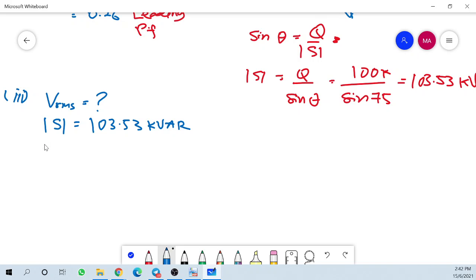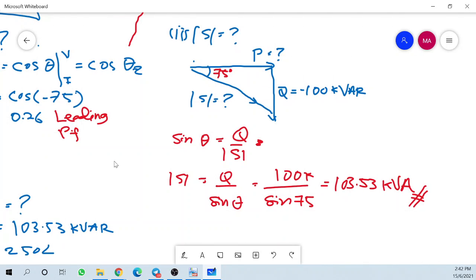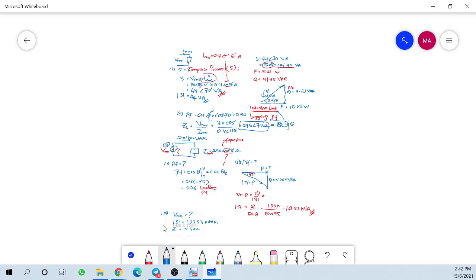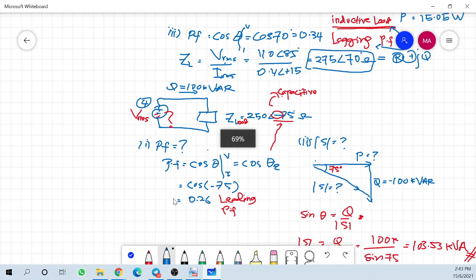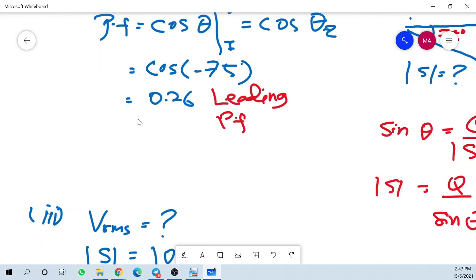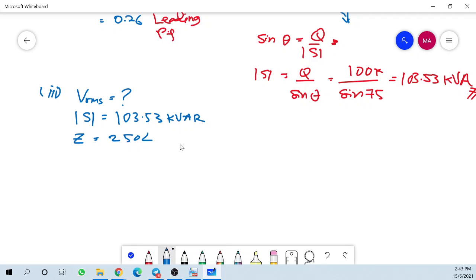And then we have Z, which is 250 at angle minus 75 degrees ohms.